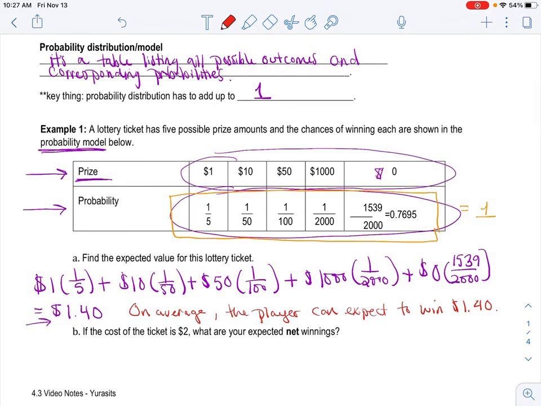So if you pay $2 for this lotto ticket, what are your expected net winnings? This is very similar to taxes, like your net earnings. So your net winnings, just to refresh your memory, is after the cost of playing.